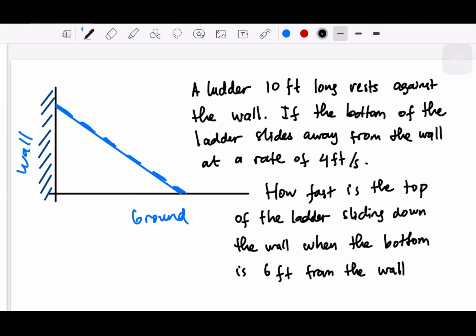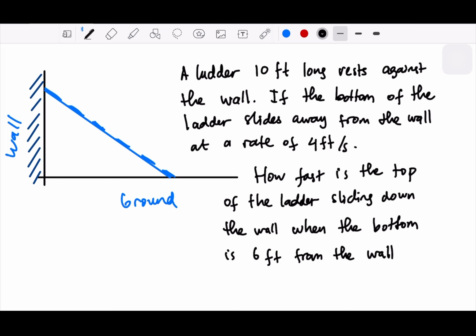Okay. So this is 10 feet. A 10 feet ladder. Let me write this is 10. Okay.